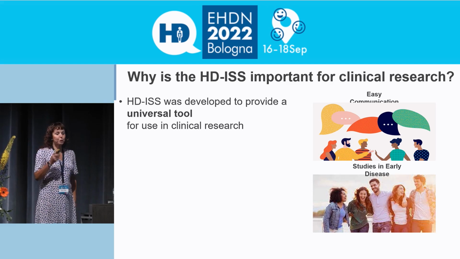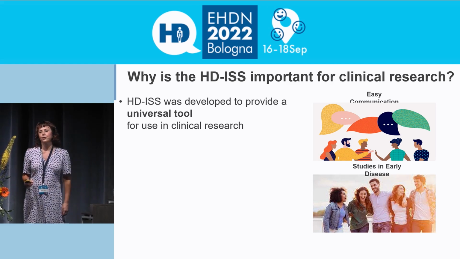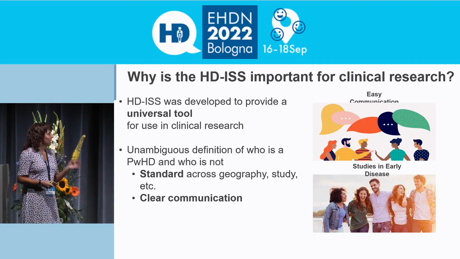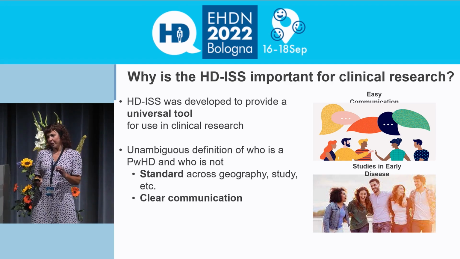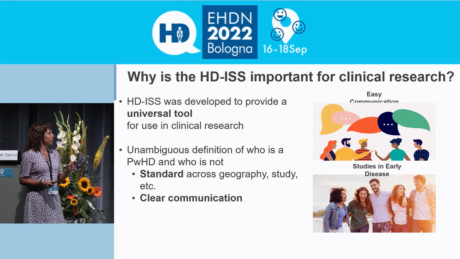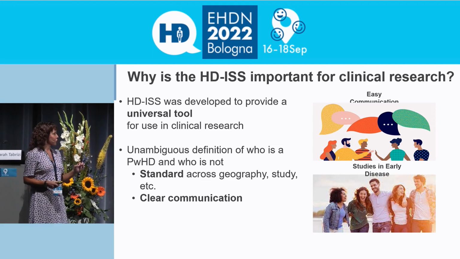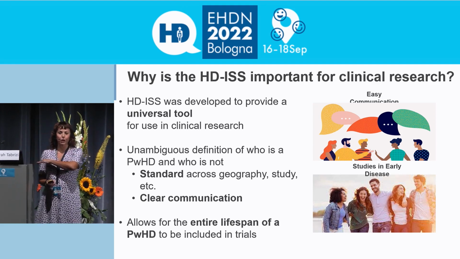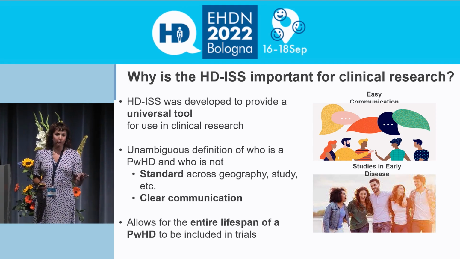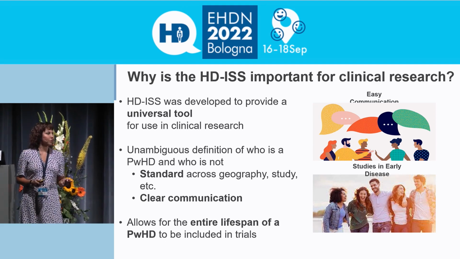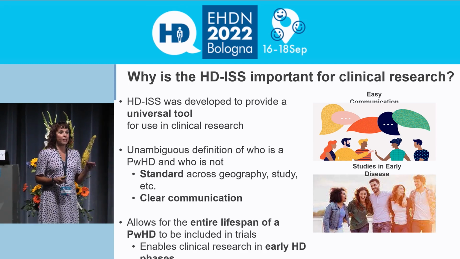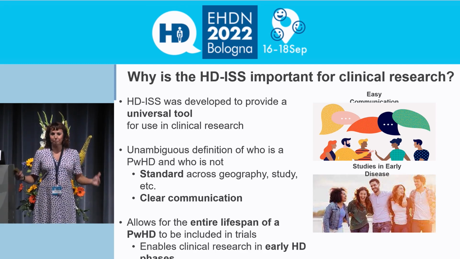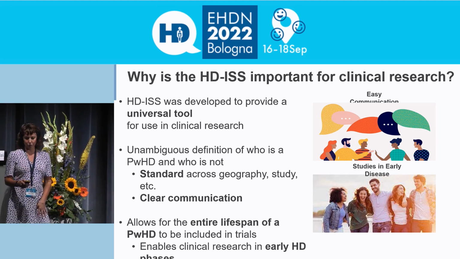It was developed to provide a universal use in clinical research, so we all speak the same language. It was an unambiguous definition of who is a person with HD that is standard across geography and allows clear communication. And we look at the entire lifespan of a person with Huntington's disease. And it does enable us to do clinical trials much earlier in the disease course.